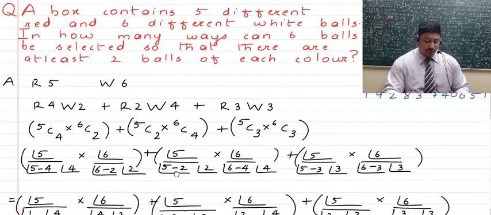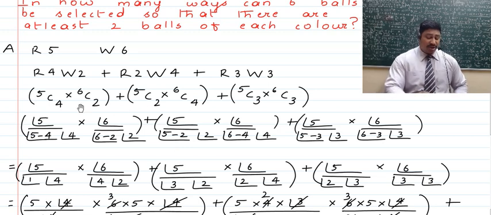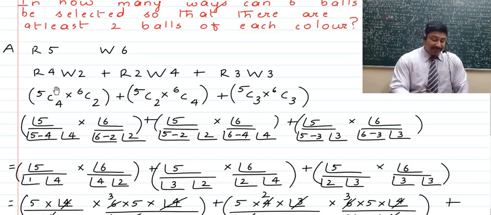Now, children, we talk about writing the combinations which are to be in each of these cases. When we talk about taking 4 red balls when 5 red balls are there, we are actually wanting to find out combinations of 5 different objects when 4 are required. So that is going to become equal to 5C4.